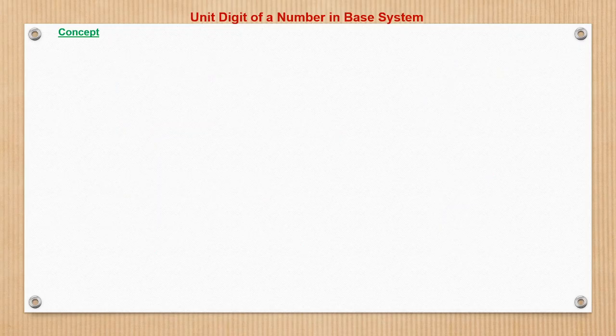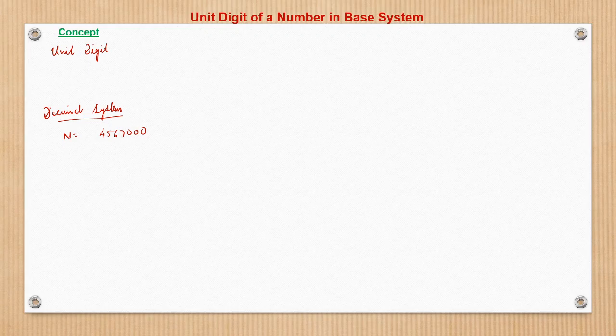So next we'll move to another concept, the unit digit of a number in a base system. So again we'll see, how do we calculate the unit digit? In the decimal system, if a number n is say 4567000, the unit digit is given by the remainder when the number is divided by 10.